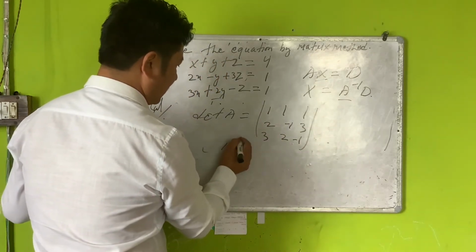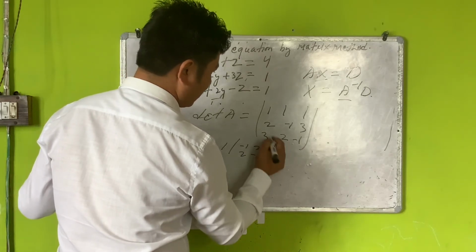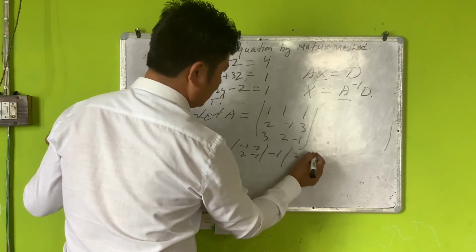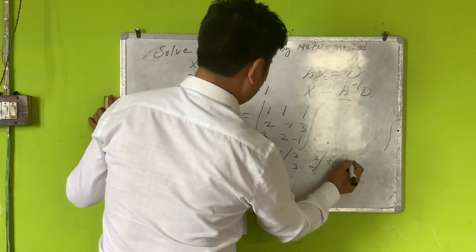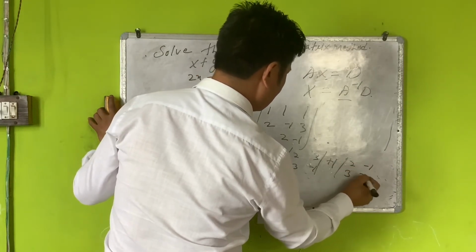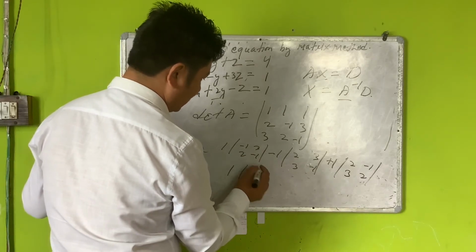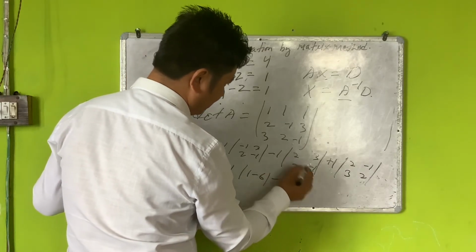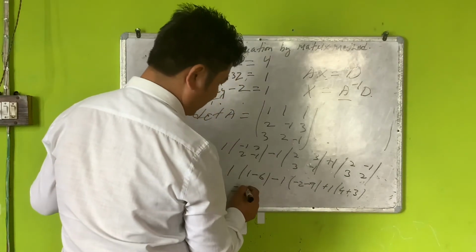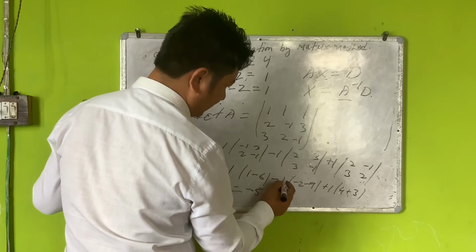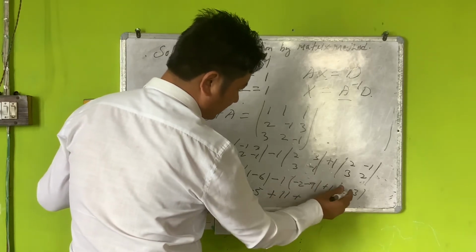Expanding, it will be 1 into 1 minus 6, minus 1 into minus 9, plus 1 into 7.